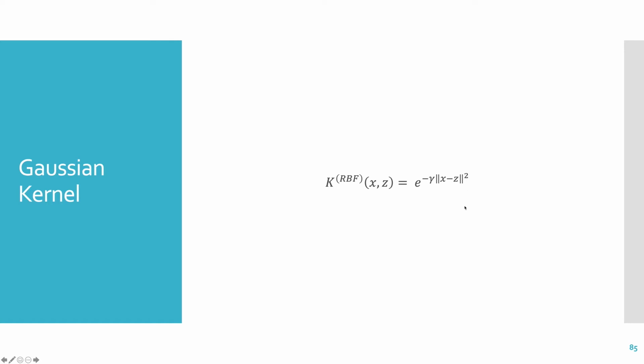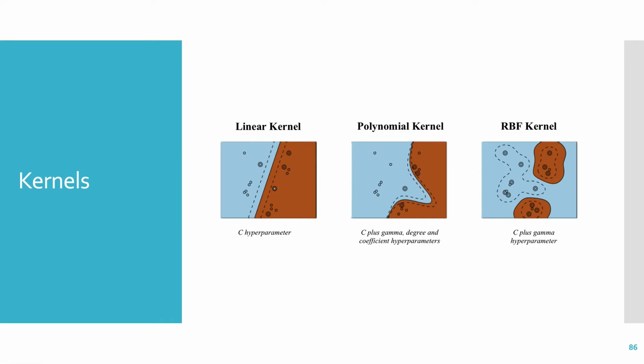You can think of this kernel as a similarity measure. What does it look like? A linear kernel gives us a boundary like this. A polynomial kernel gives us a boundary like this. And the Gaussian kernel, or RBF kernel, gives us these bumpy regions. So that gamma controls the width of these bumps.